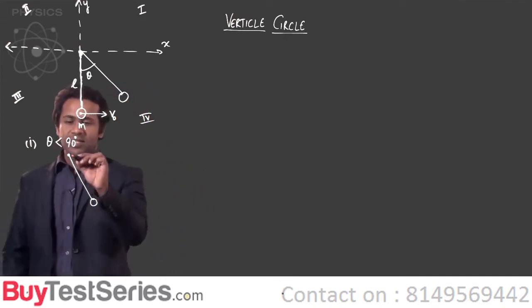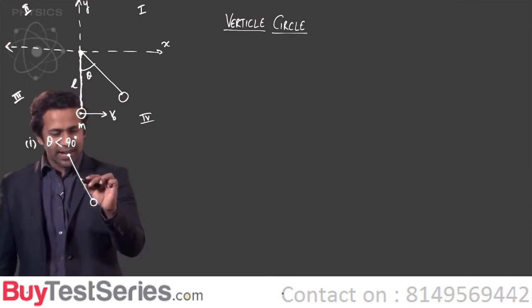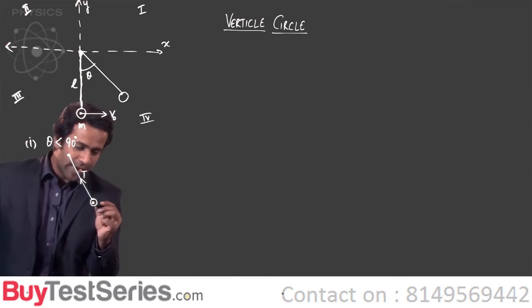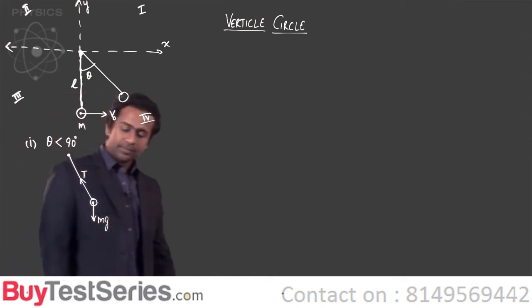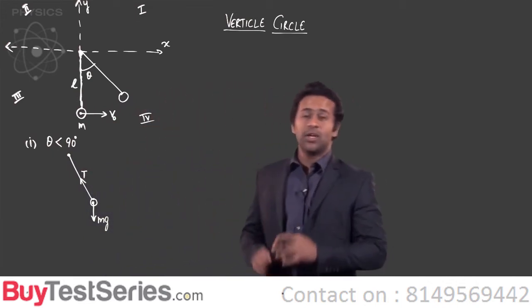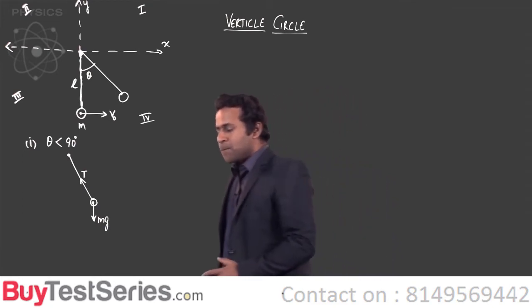In such a case, during motion, if we talk of a general point, you would see there's a tension that acts along the length. Then there is the weight of this bob, mg, acting downwards. And if we are viewing this from an inertial frame, then these are the only two forces acting on the bob, right?